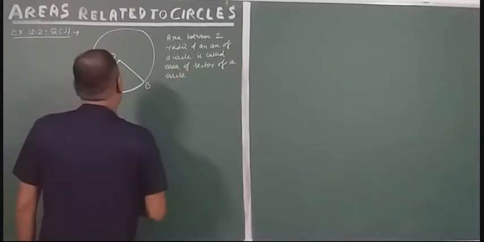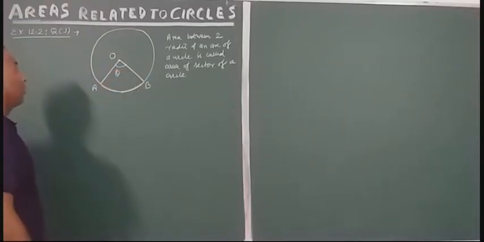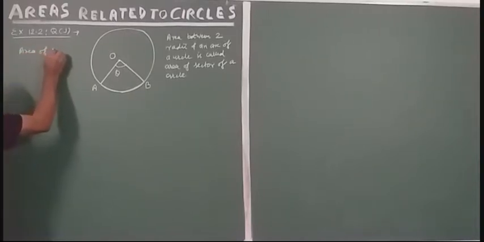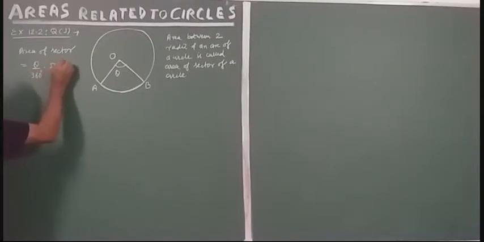Let the angle made here be theta. Then the formula for this is area of sector is equal to theta upon 360 degree into pi r square.